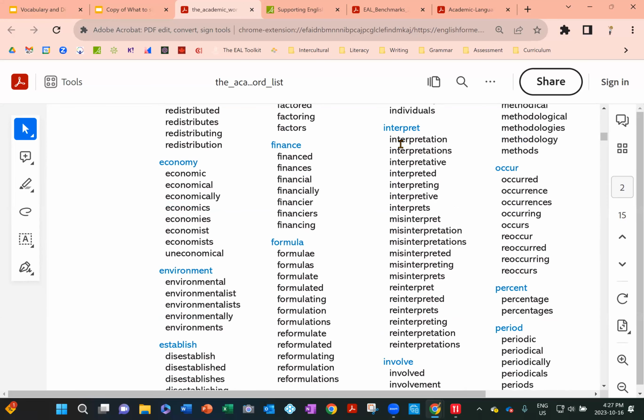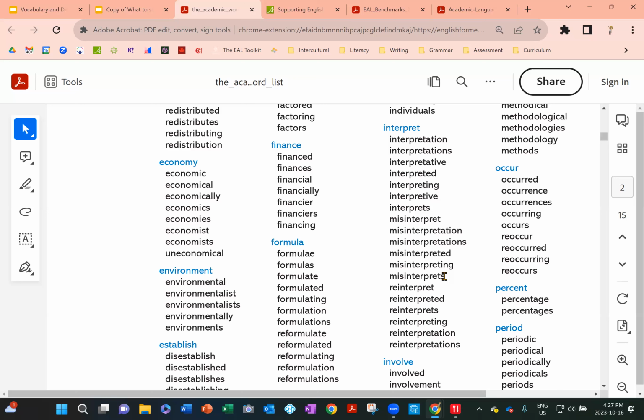But also think about the word interpret, for example, and how it morphs into interpretation or interpretive or misinterpret or reinterpret. We need to be aware that our English as an additional language students may bring a language that doesn't expand on a word the way we do in English.